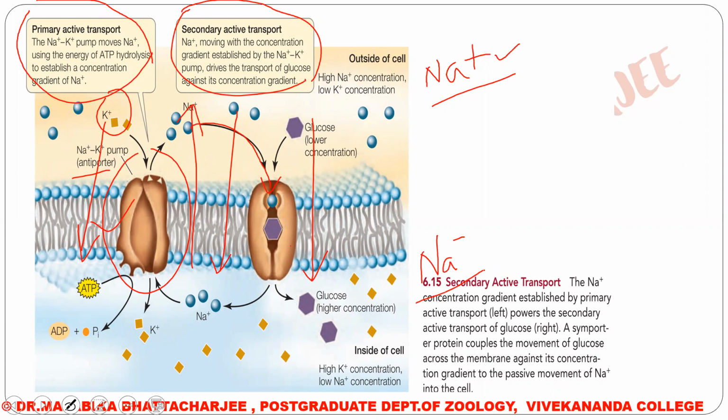So you can see that in this particular symport, sodium molecules are moving from a higher concentration to a lower concentration. That is, sodium is moving down its electrochemical gradient. Once more, sodium is moving from a higher concentration to a lower concentration, so it is moving down its electrochemical gradient.